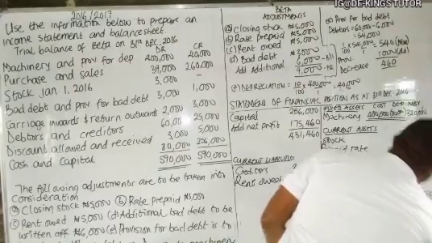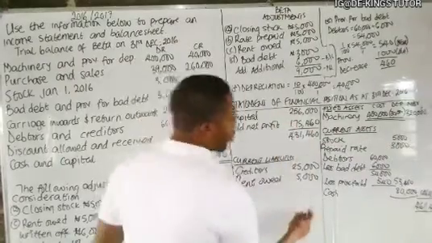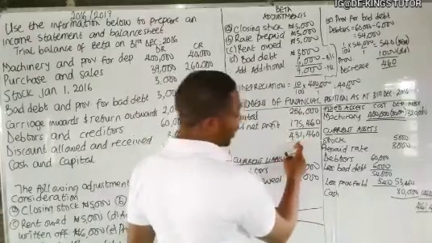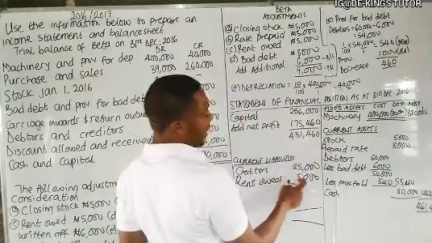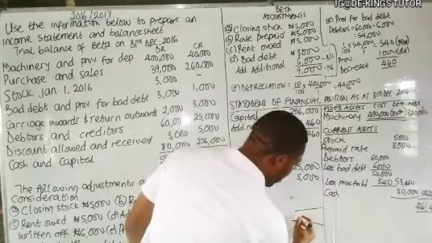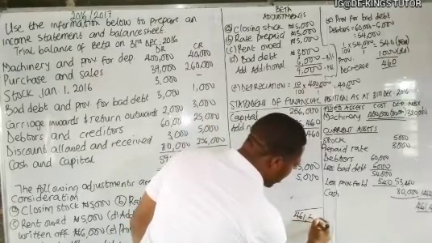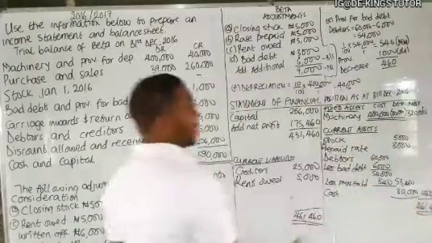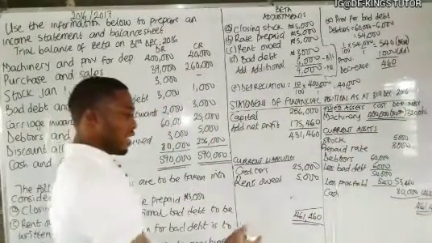If we add up this side also, 431,460 plus 25,000 plus 5,000 will give us 461,460. So it balanced automatically. So that is the balance of the balance sheet.